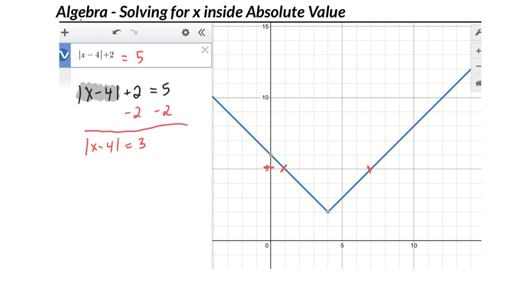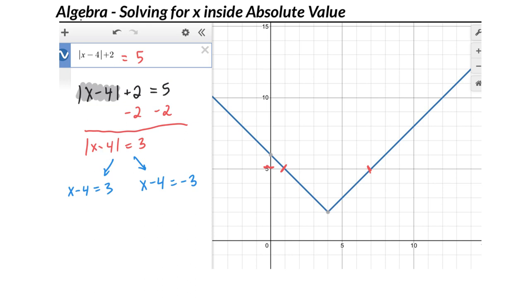And at this point, we create 2 problems to solve. One of them is that x minus 4 is equal to 3. The other is that x minus 4 is equal to negative 3, because both 3 and negative 3 have an absolute value of 3. So we need to figure out when this is either 3 or negative 3.